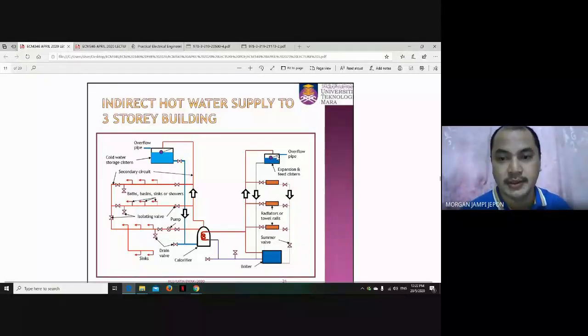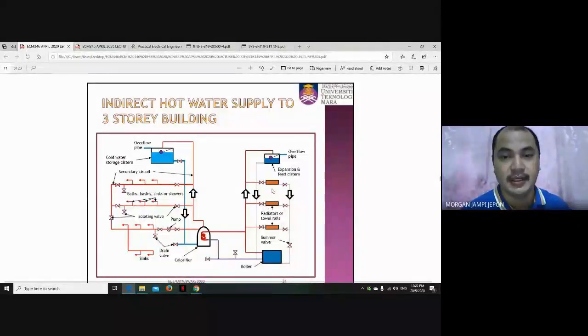So the indirect hot water supply goes to the expansion and feed system first, then it goes to these radiators or towel rail. This radiator is actually used for a country with winter season. They need a heater, so this hot water is supplied to this heater.